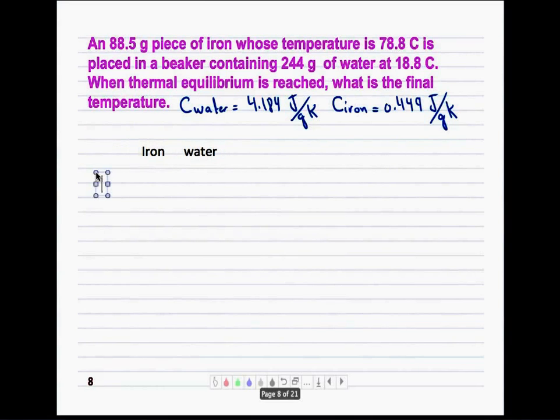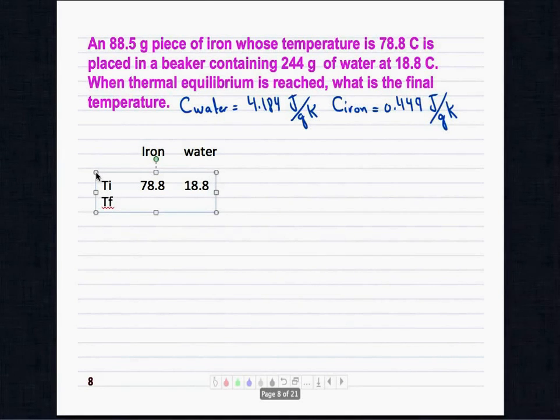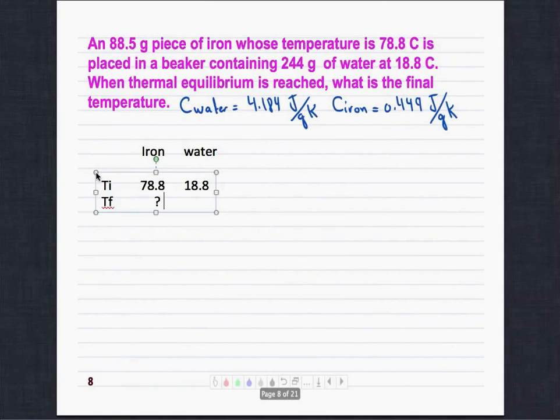So we have a beaker, the beaker has water, and the mass of water equals 244 grams. The T initial of water is 18.8 Celsius. When thermal equilibrium is reached, that means it's telling you we added this iron at 78 to the water, which is at 18. We waited until thermal equilibrium. What is the final temperature?